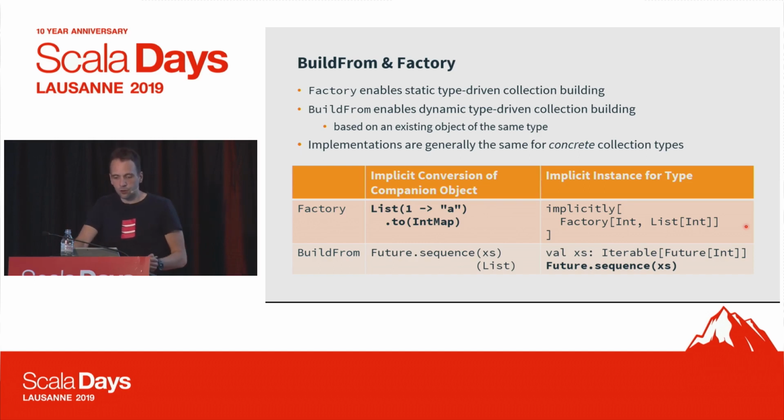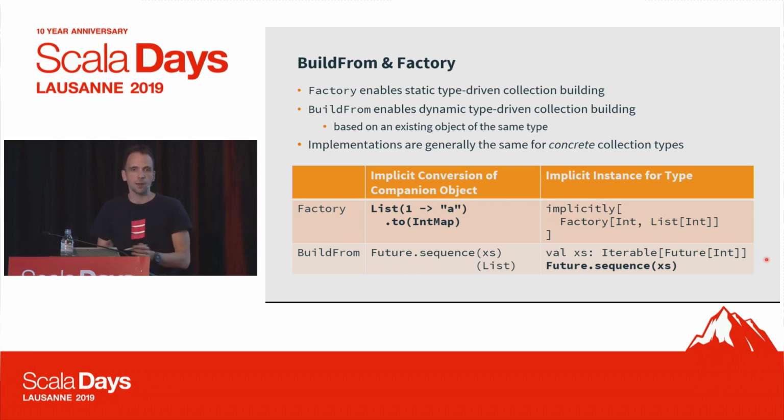And then BuildFrom is actually used typically in this way. The main use case is for Future.sequence. So we have an Iterable of Future of Int. And this Iterable could be anything. It could be a Vector or List maybe. And if you call Future.sequence, you will get a Future of Iterable of Int.